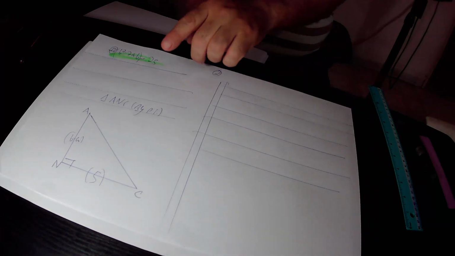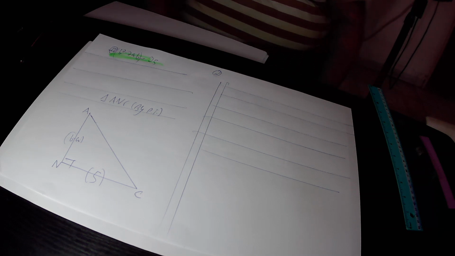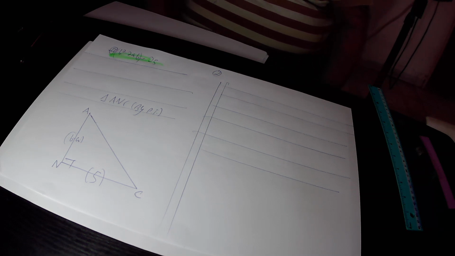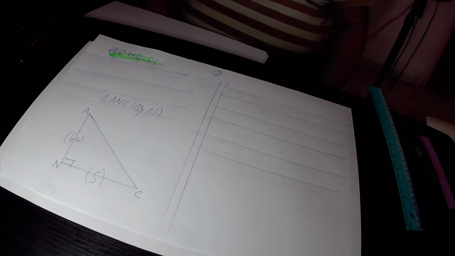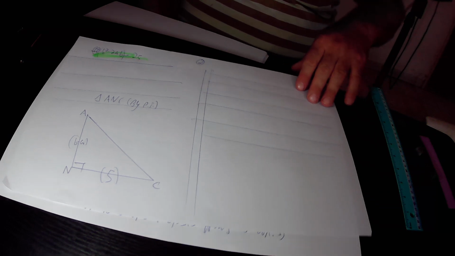So actually, this is the right triangle ANC copied from the original drawing. According to the Pythagoras theorem, on this right triangle ANC, AC squared, that is the square of the hypotenuse, equals AN squared plus NC squared. So I'll write it down, this will be equation 3.